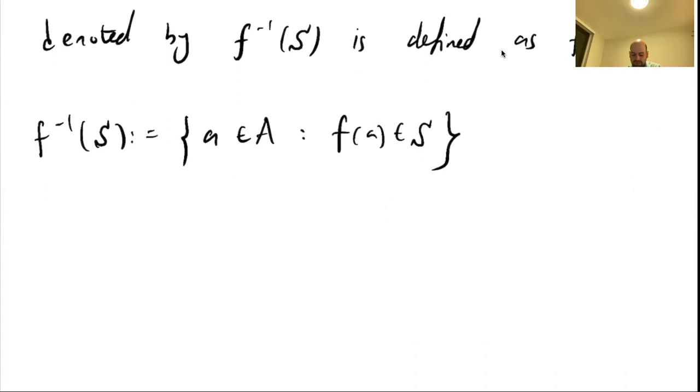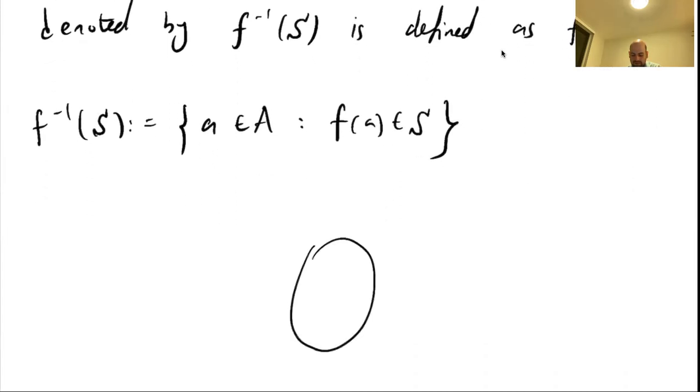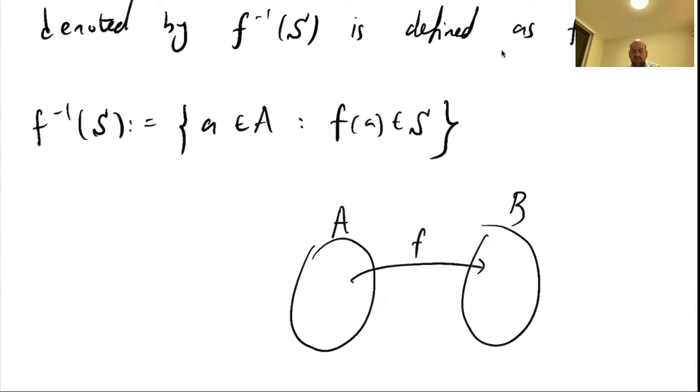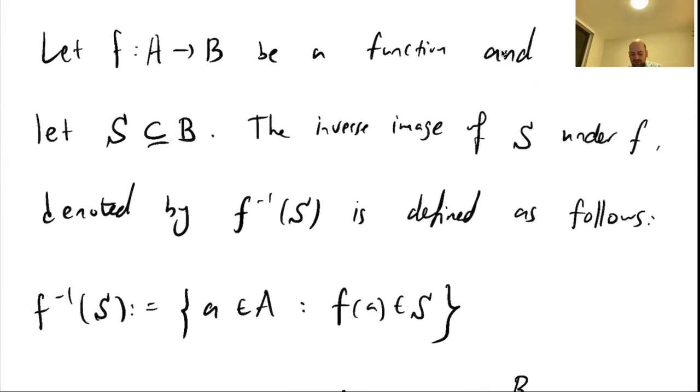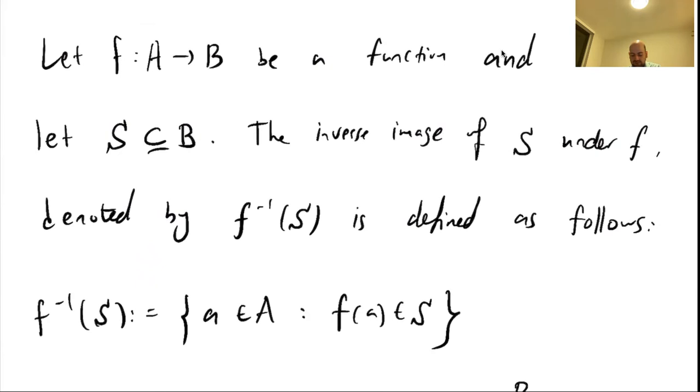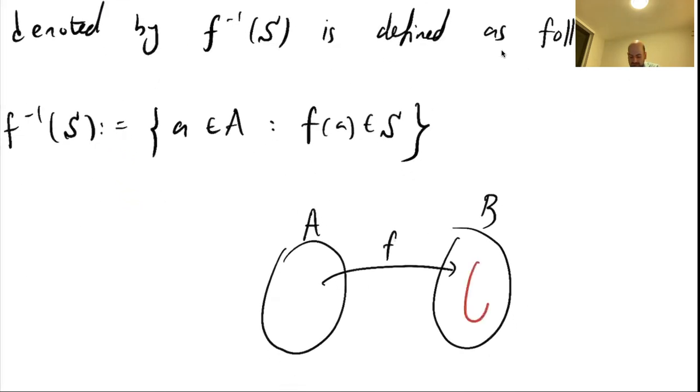Let me explain what this inverse image is. Let's say you have A and B, domain and codomain, and f acts between A and B. Now, if I start with some subset of B, see, for inverse image, we start with the S, which is a subset of B. So let's say that I have an S here. So what is f inverse of S?